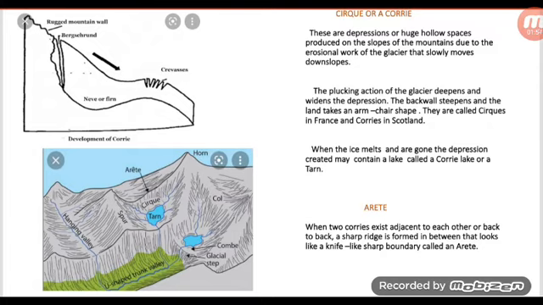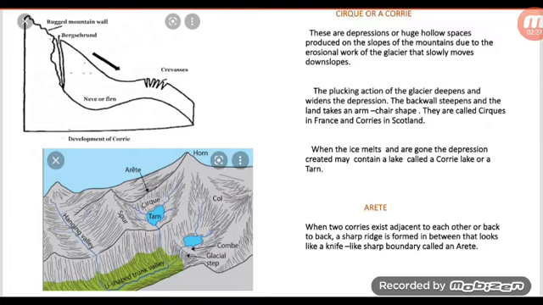The land looks like an armchair-shaped landform, and the ice that you can see, written as neve or firn, is the glacier which is resting upon the armchair-shaped landform. The arrow shows the movement of the ice, and these are depressions which are created on the mountain slopes. So this is how a corrie looks from the side, in a two-dimensional picture.